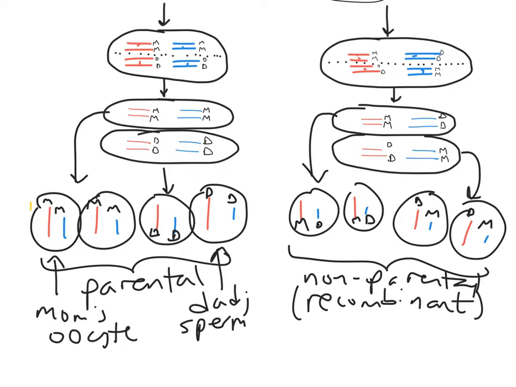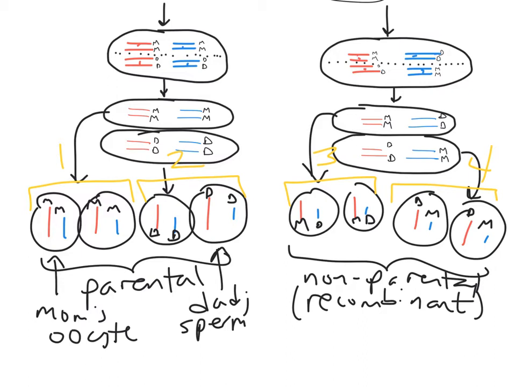So really, there are 1, 2, 3, 4 combinations of alleles that can be made by one individual in all of their meioses. So regardless of how many of their cells go through meiosis, there's only 4 possible haplotypes of gametes. These are the 4.